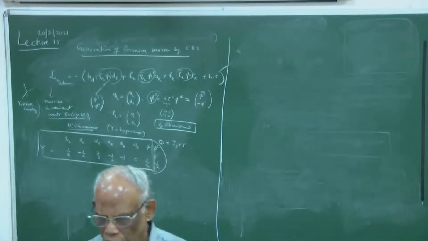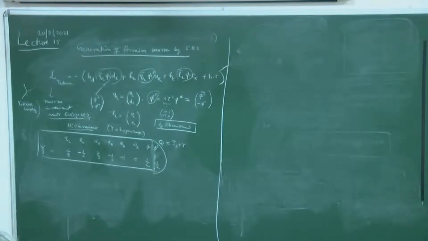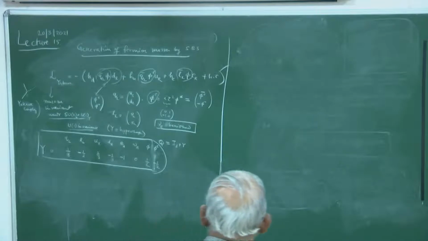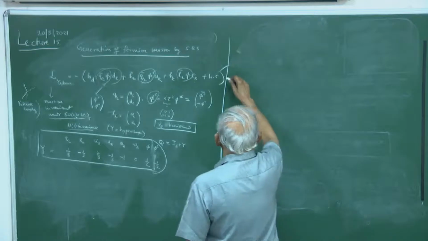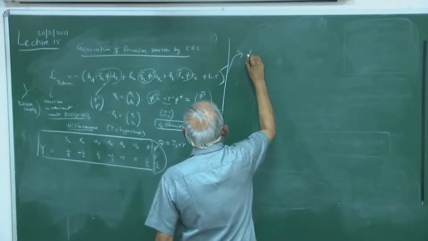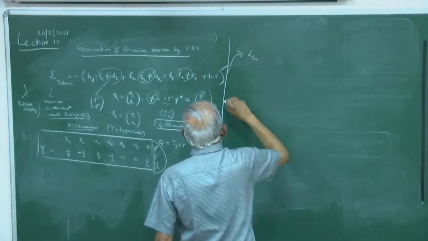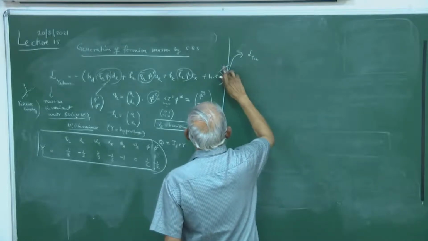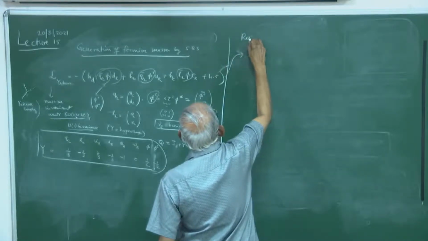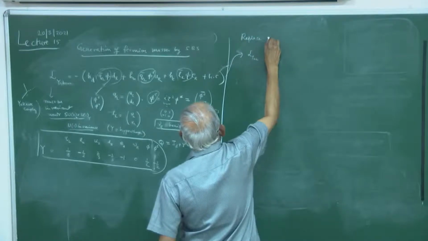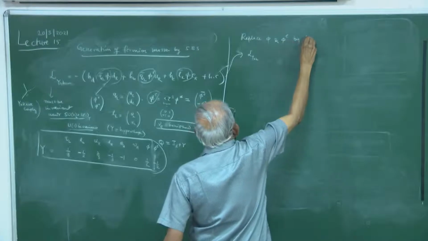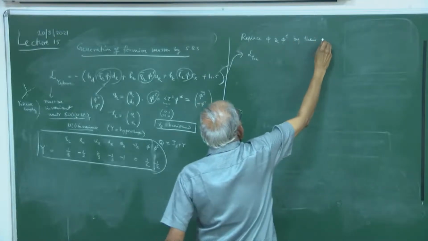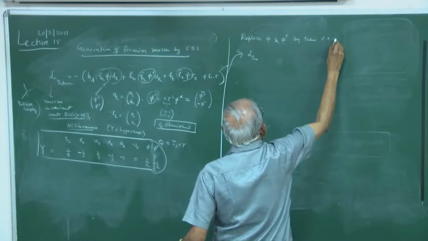In the Yukawa part of the Lagrangian which I have written down, replace phi and phi c by their vacuum expectation values.